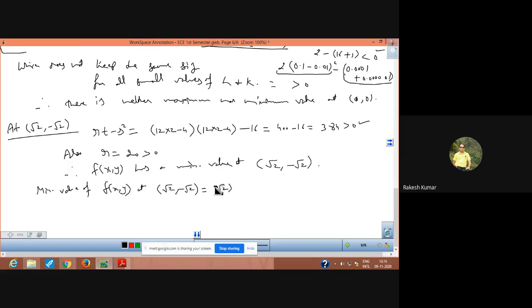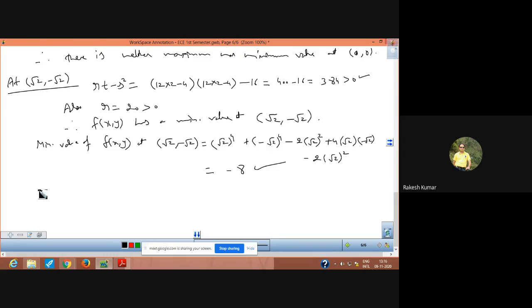That will be square root 2 raised to power 4 minus square root 2 raised to power 4 minus square root 2 square plus 4 square root 2 minus square root 2, and minus 2 square root 2 whole square, and ultimately the value comes out to be negative. You can check that. So this is the procedure for finding out the maximum value or minimum value.